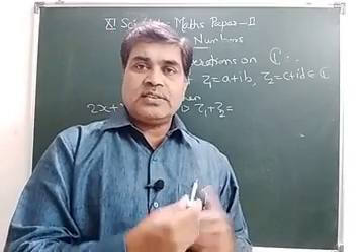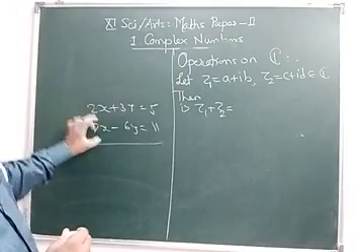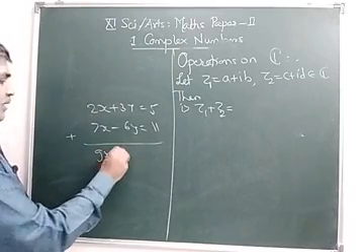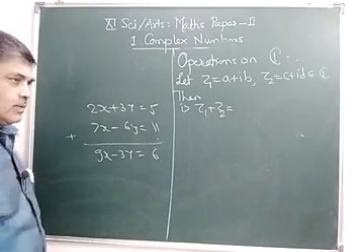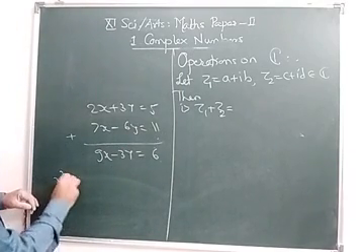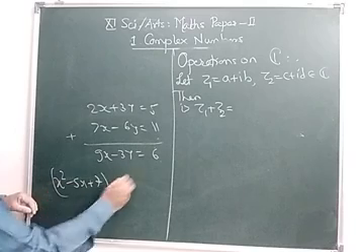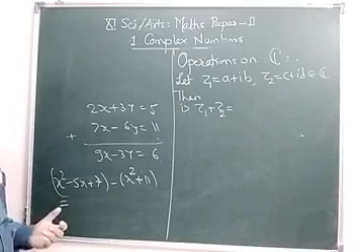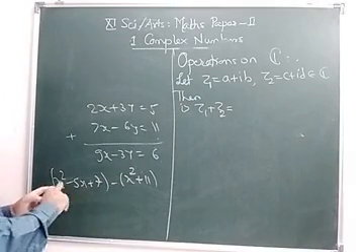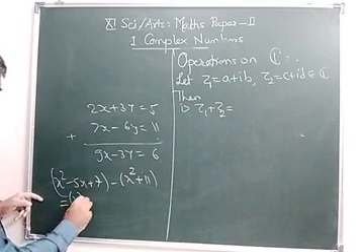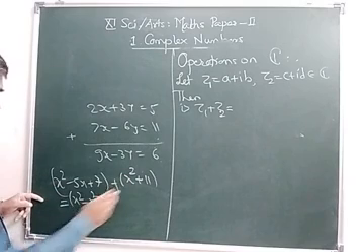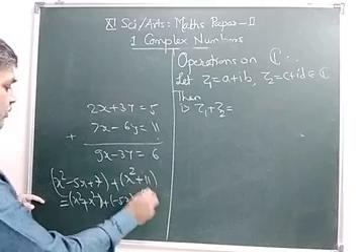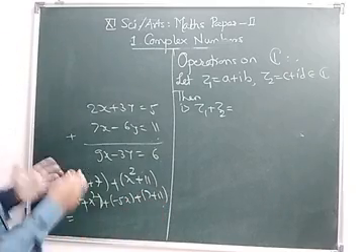Like terms means x terms together, y terms together, constant terms together, so 9x, minus 3y, 16. For a quadratic expression, if I have x square minus 5x plus 7 and minus x square plus 11, if I take the addition of these two polynomials, what are the like terms? x square. So we'll get x square minus x square, then minus 5x, plus 7 plus 11. It means you are adding like terms.